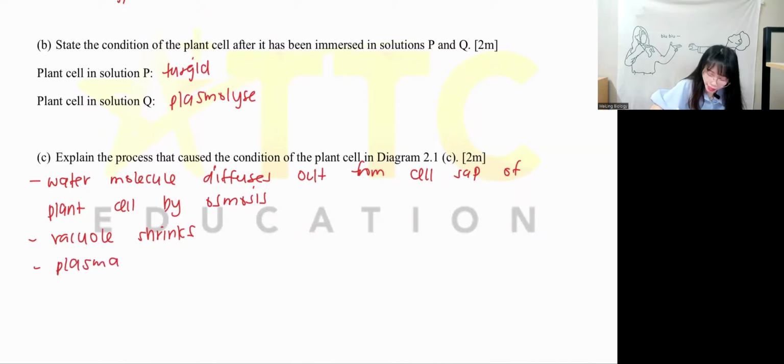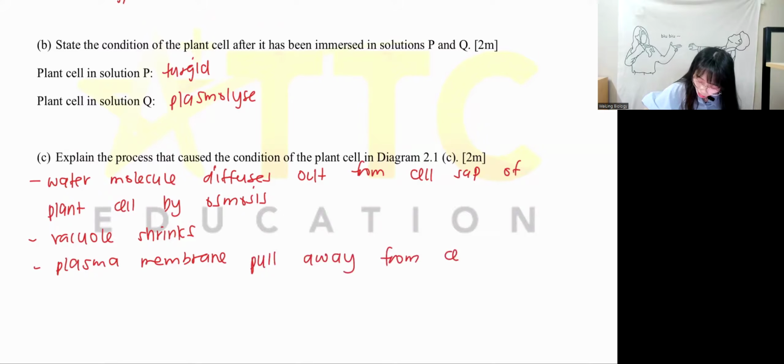Next sentence is your plasma membrane. Do you think the plasma membrane pushes against or pulls away from the cell wall? All right, pull away, because from the diagram you can see they pull away. Plasma membrane pulls away from the cell wall.